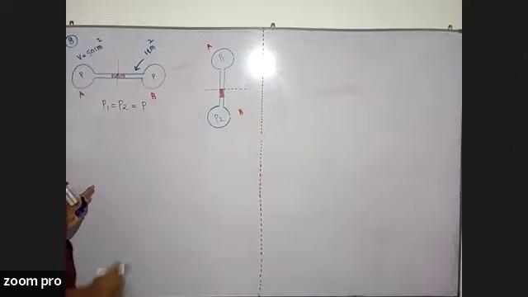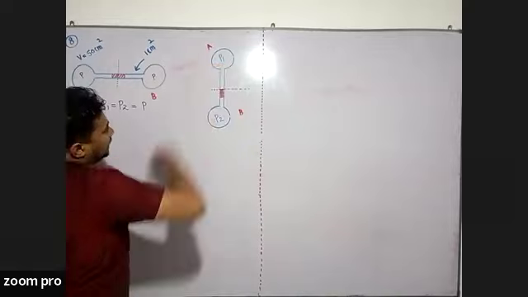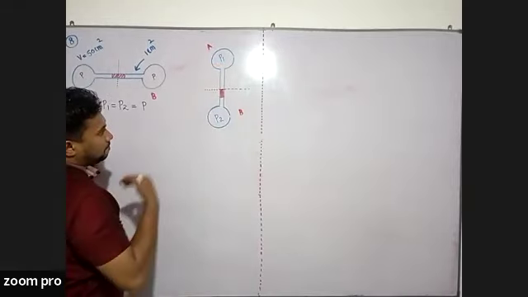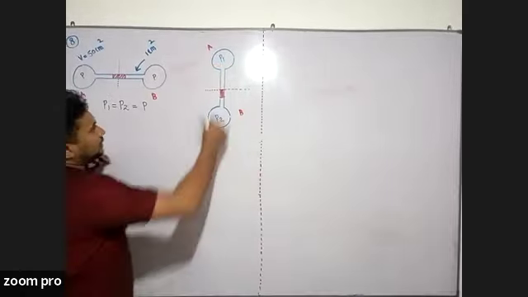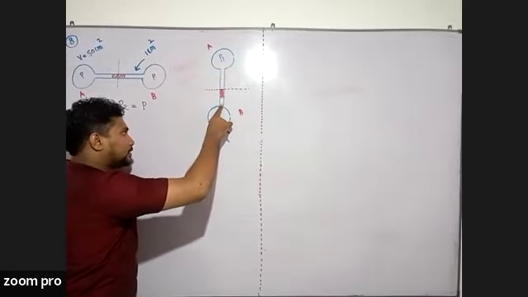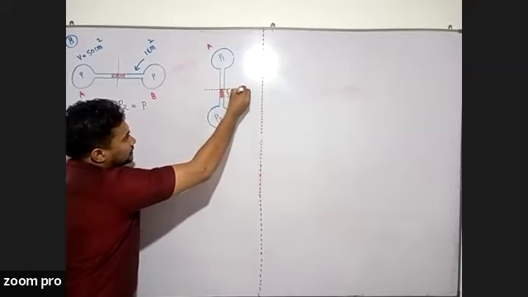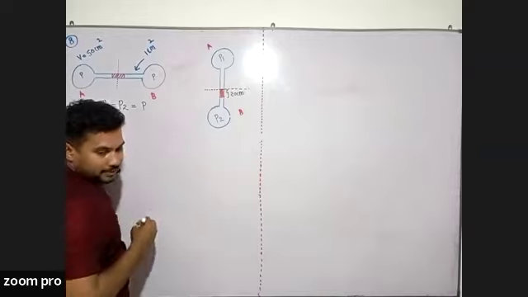Then we have to obtain an expression by considering this pressure and the mercury column. Now, guys, the pressure inside this tube is P1 and the pressure inside this tube is P2, and the height of this mercury column is equal to 20 centimeters.